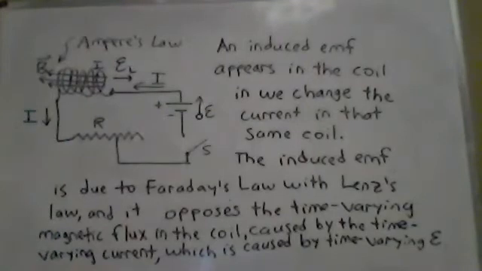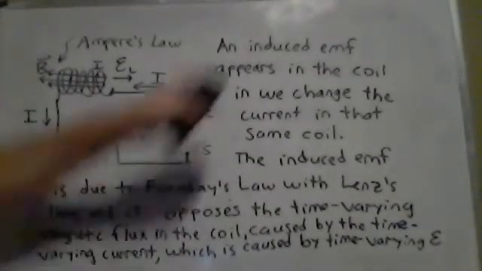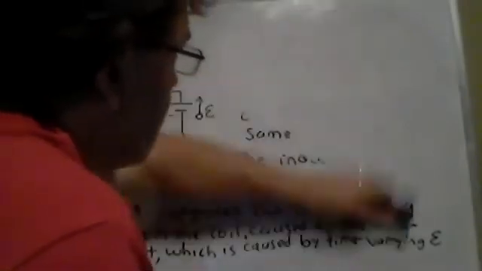And so we see there's an opposing EMF, and we call this a self-induced EMF. It's the EMF that's induced just to oppose the change in the magnetic flux. That's because of Lenz's law.